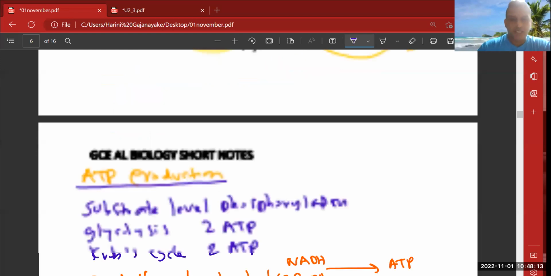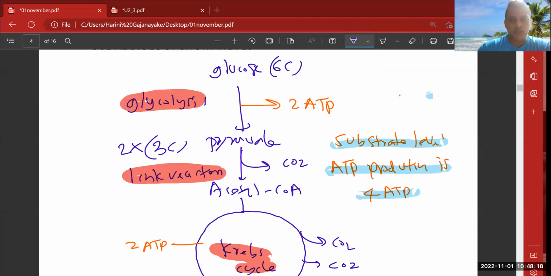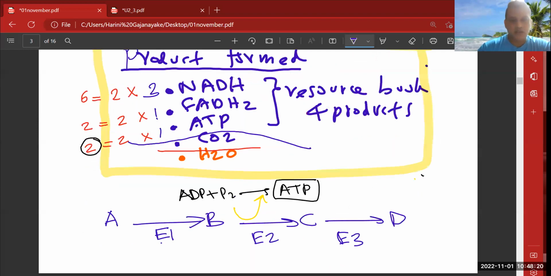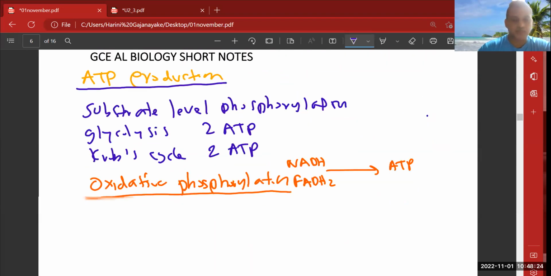Then FADH comes only from the Krebs cycle, 2 FADH.